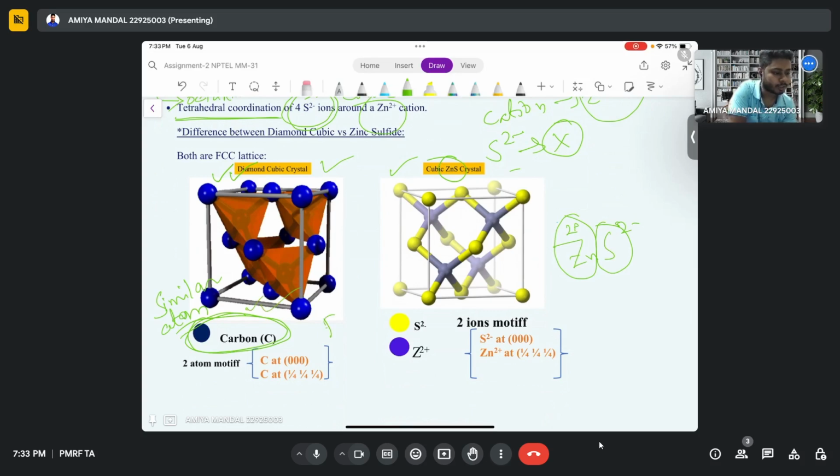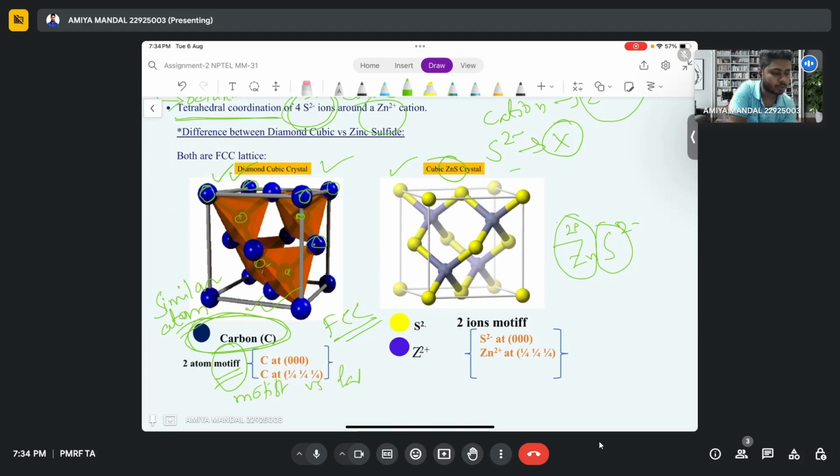This is the pure cubic structure, the FCC lattice, where carbons are present at each corner along with its faces, and also at the tetrahedral positions. So there are two carbon atoms per motif and lattice point.